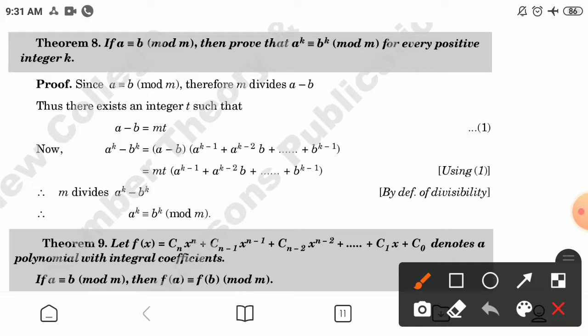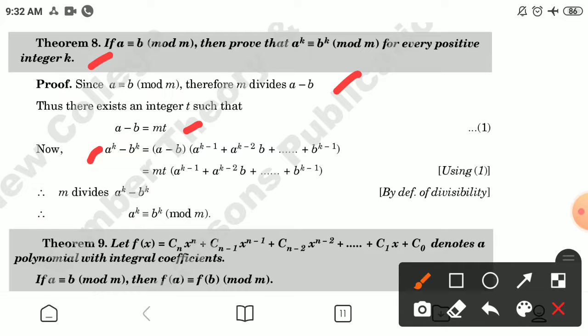Now next result: if a is congruent to b mod m, then prove that a raised to power k is congruent to b raised to power k mod m for every positive integer k. Since a is congruent to b mod m, therefore m divides a minus b. Thus there exists an integer t such that a minus b is equal to mt. Now consider this term a^k minus b^k.